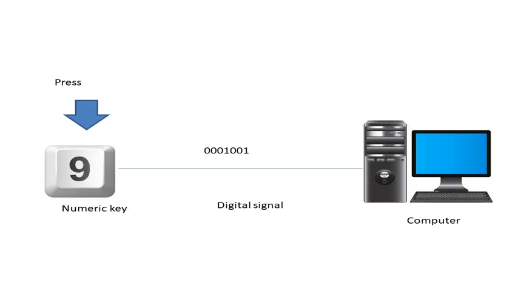And when you press number 9 on the numeric keypad, it also generates 0001001 as a signal, and it goes directly to the computer, and the computer will understand that the user is sending a message that 0001001 is number 9, and it will display it.